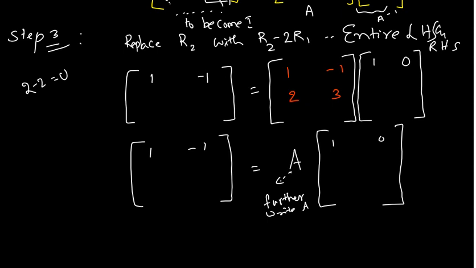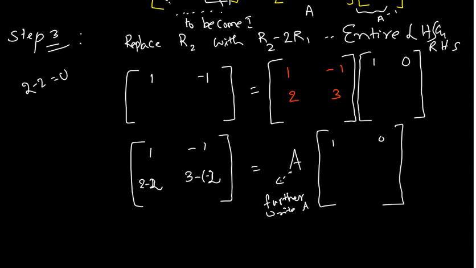So now I am writing R2 minus R1, that means 2 minus 1, this is 3 minus minus 1. Is it minus 1 or minus 2? Should be minus 2, right? Because I am multiplying with 2. So this will be 3 minus, okay, minus 2.